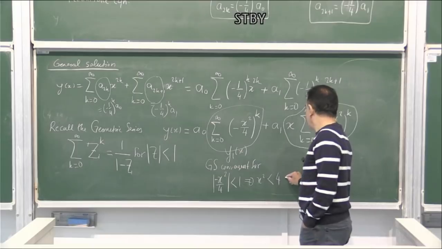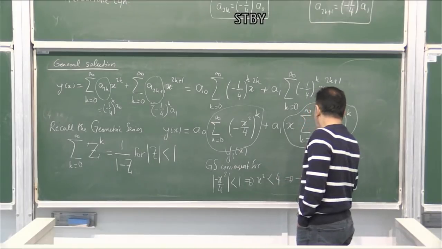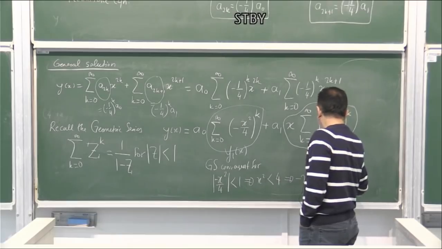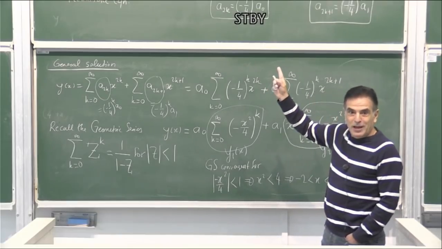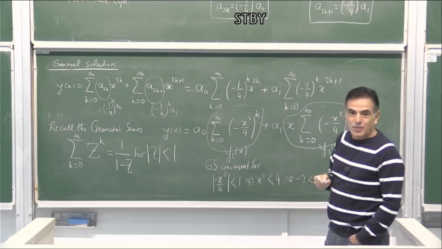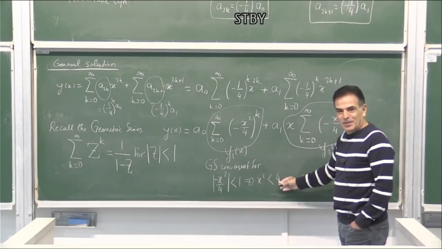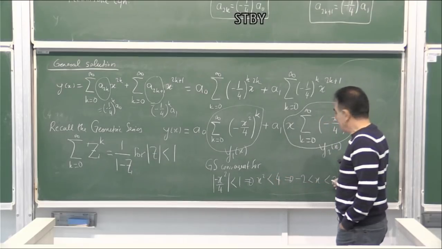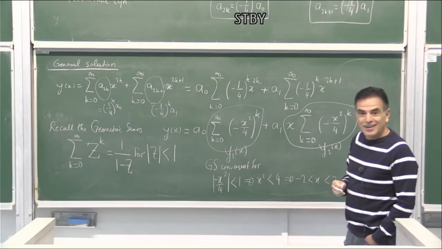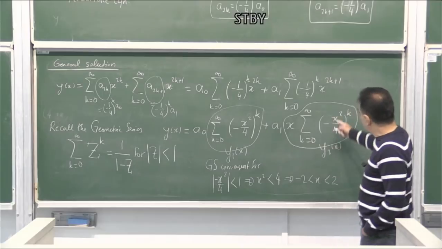What does it mean? x squared is smaller than 4. x is between minus 2 and 2, supporting our estimation in the first part. We already know that the radius of convergence must be at least 2. Okay? And that is the case. And similar is true for this one.